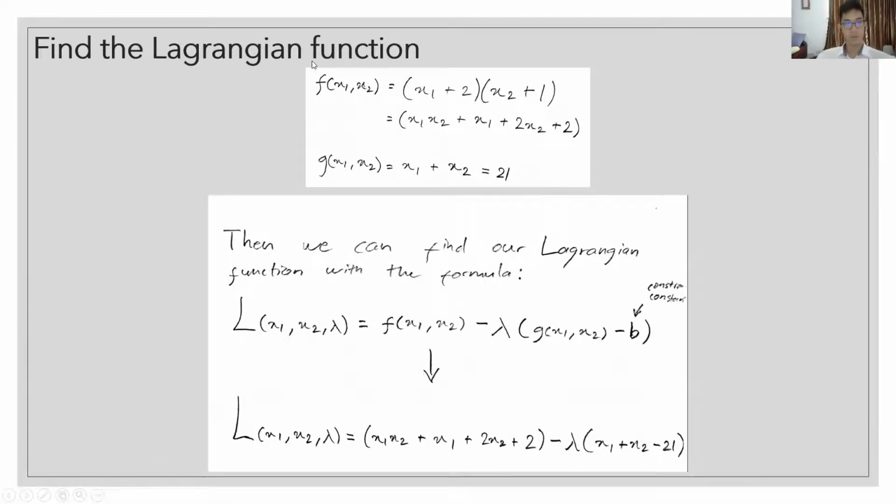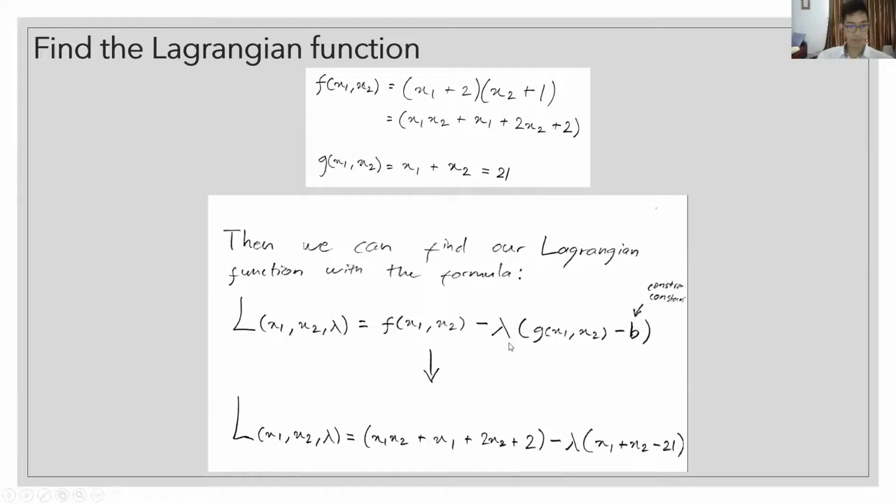And now from these two functions, we can find our Lagrange function with the formula here, which is basically combining the f function with the constraint, with lambda as a constant.